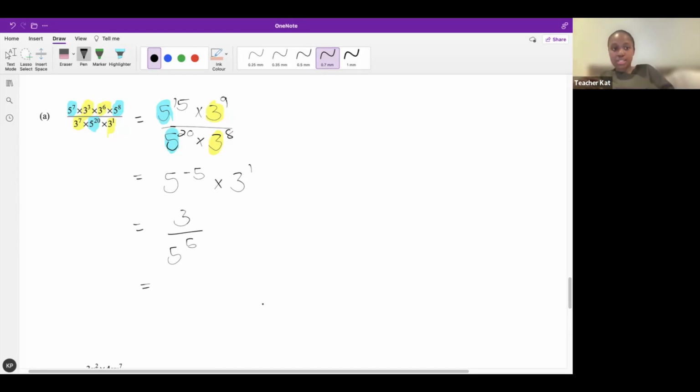No. Remember, if it's numbers, then you can simplify it. There we go. Okay, I'm going to write the fraction version, which is 3 over 3,125. Remember, if it's numbers, guys, you always simplify.